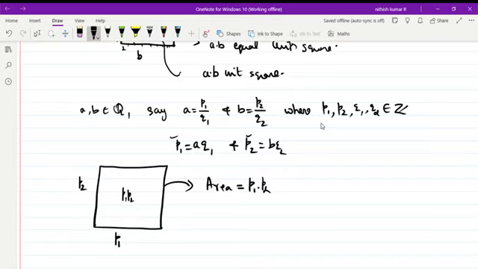Now divide this P1 into equal segments such that each length is Q1. This length is Q1, this length is Q1, and so on. Similarly, divide P2 into equal segments such that each length is Q2.